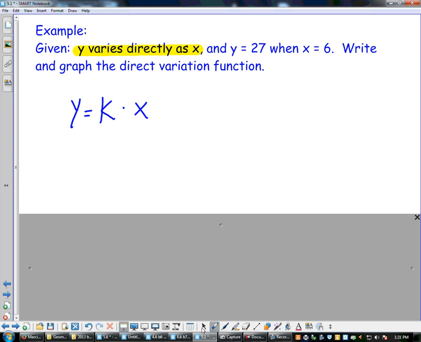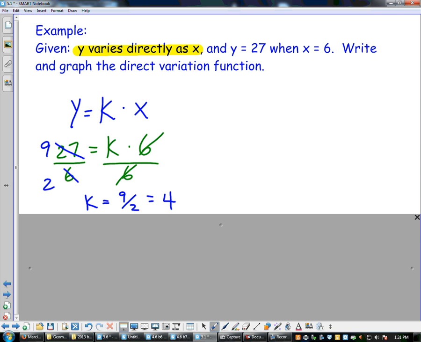You know that y is equal to 27 when x equals 6. So if you plug those values in and you solve for k, you get k equals 27 over 6, which, let's see, 3 goes into this twice, 3 goes into this 9 times. Looks like k is equal to 9 over 2, which is the same as 4.5.